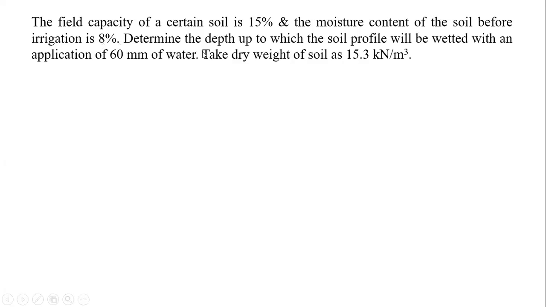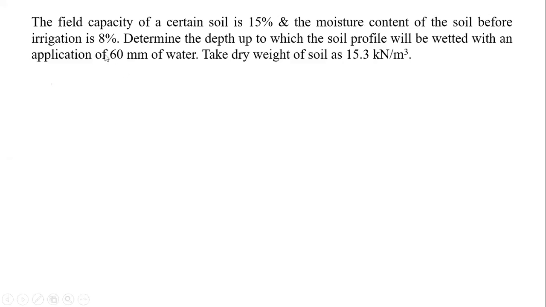And what they asked: determine the depth up to which the soil profile will be wetted with an application of 60 millimeter of water. Means we have applied water up to 60 millimeter. Means the depth of the water, DW, we can say readily available moisture, that is given as 60 millimeter.